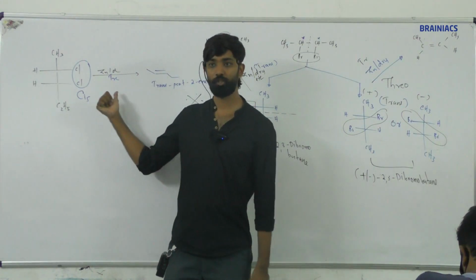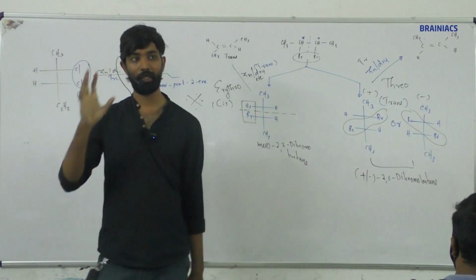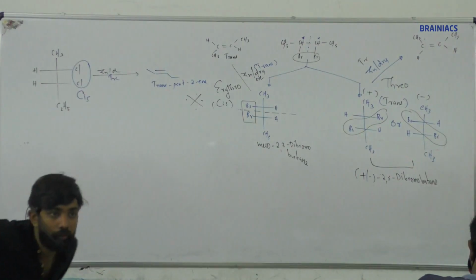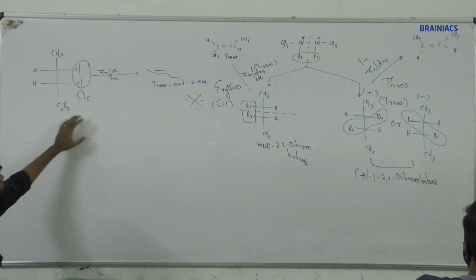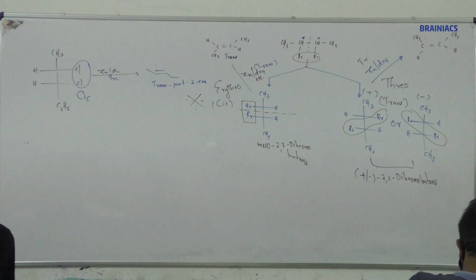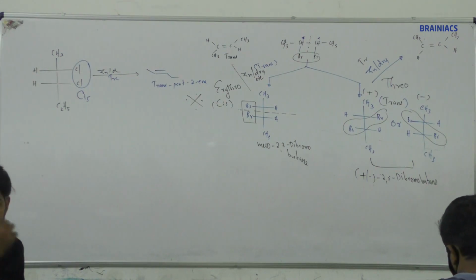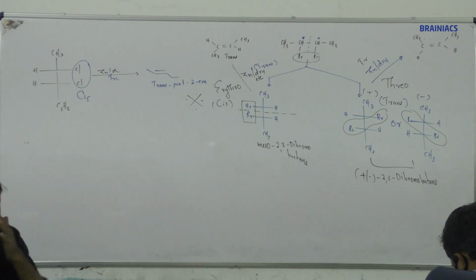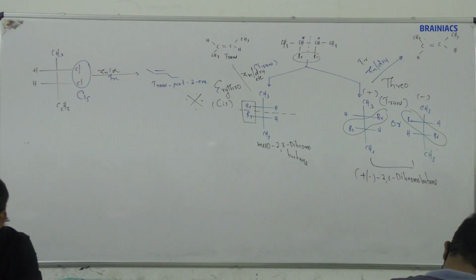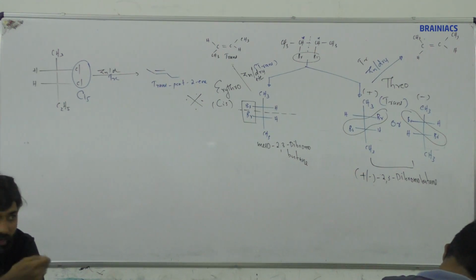Otherwise, they will mention something to help you conclude whether it is erythro or threo, either the structure, or they say erythro. Then only you can design the product. Ready? If the question is on the basis of structure, it is very easy. You simply remove the halogen and make a bond. Okay.